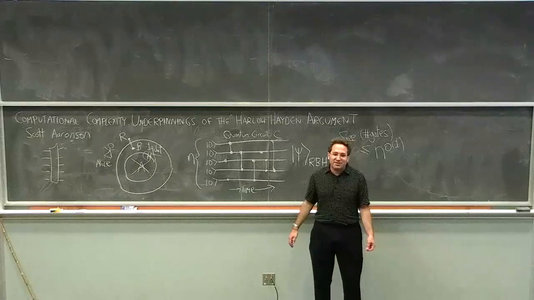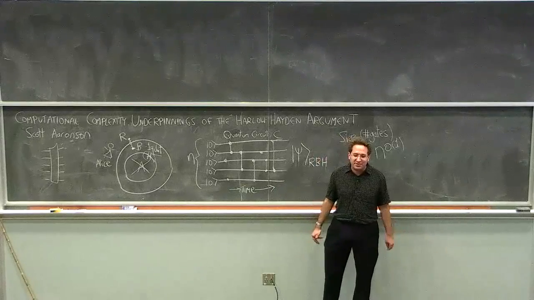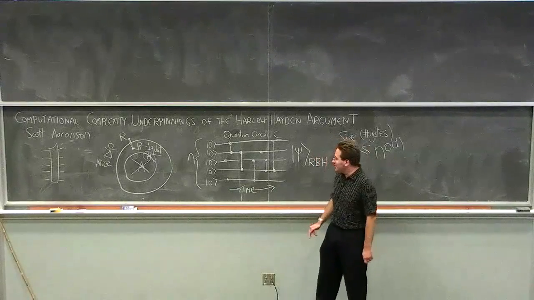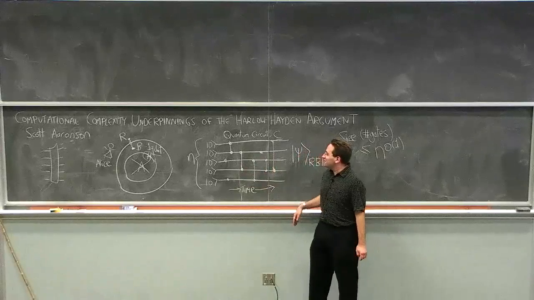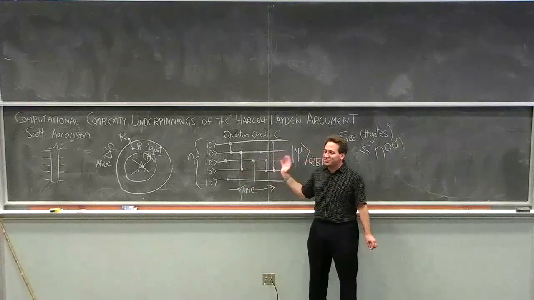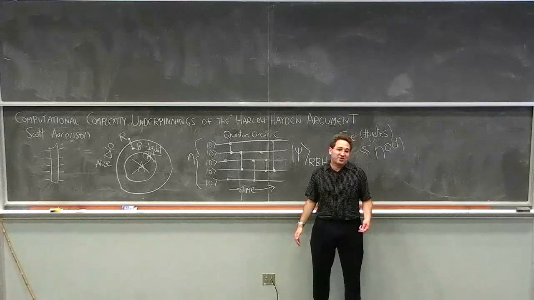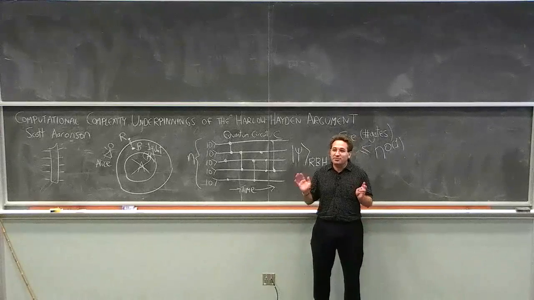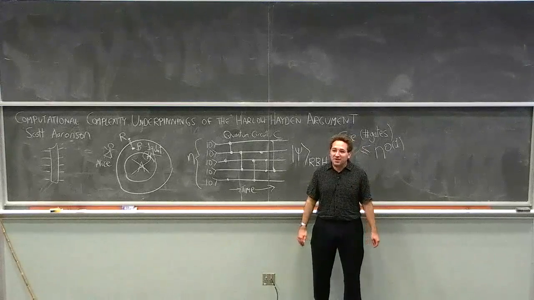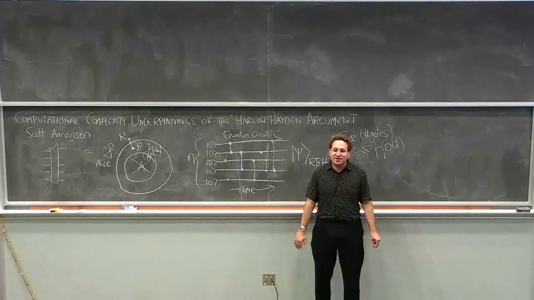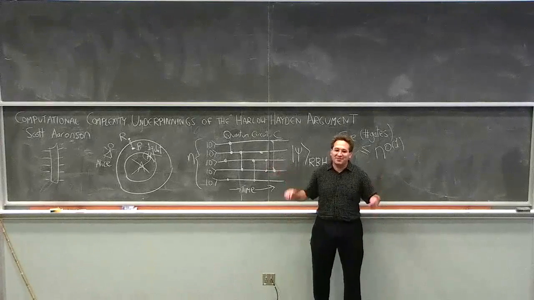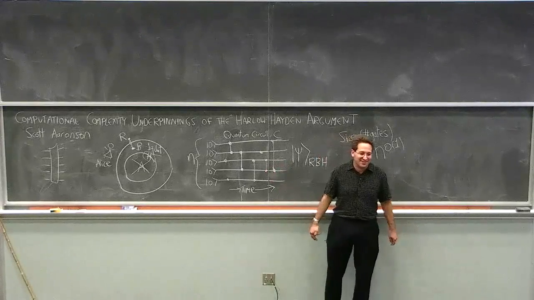So the claim that I'm going to give general arguments for, and that Harlow and Hayden do also, is that as long as this circuit is sufficiently mixing or sufficiently scrambling, then generically we expect a hard problem. Or rather, the more exact statement is we expect a problem that if you could solve it, would let you solve many, many things in classical computation that it would be very surprising that you could do.